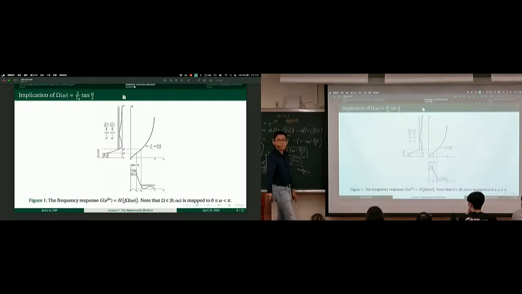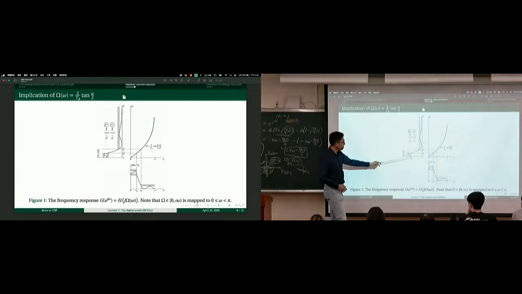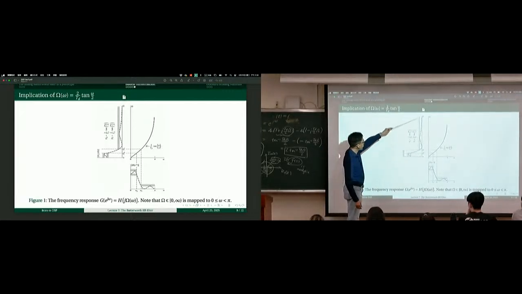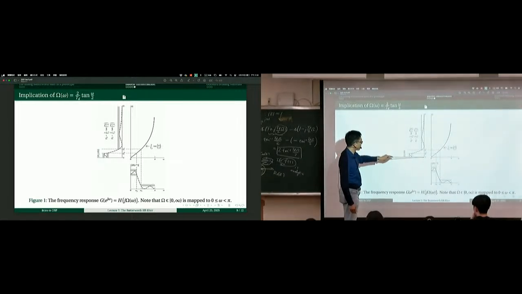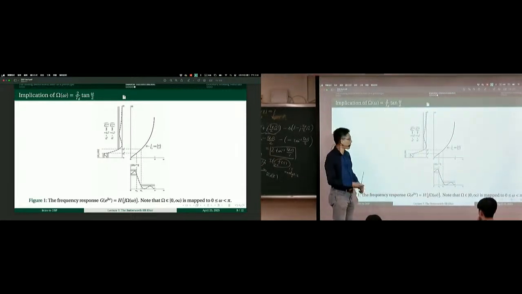In what sense? In the analog world, the frequency omega can go from DC, from 0 to infinity, the entire frequency axis.